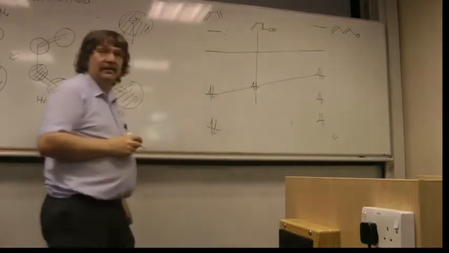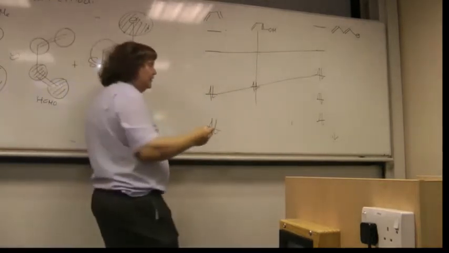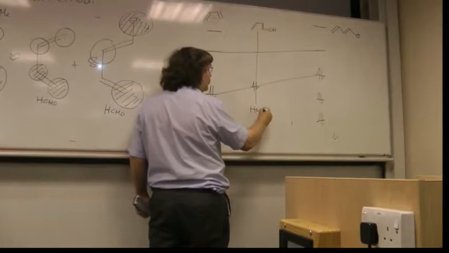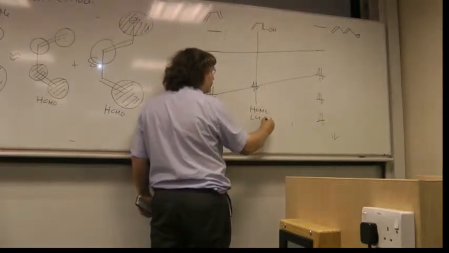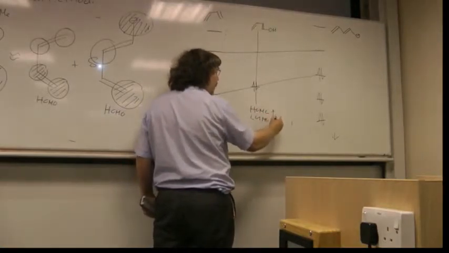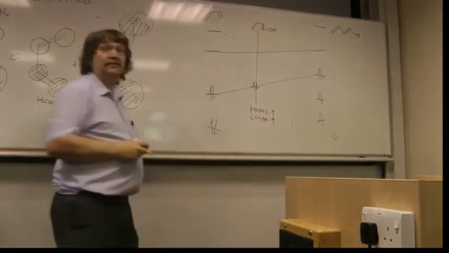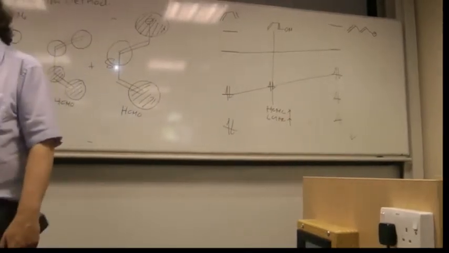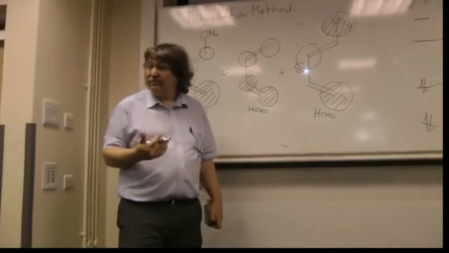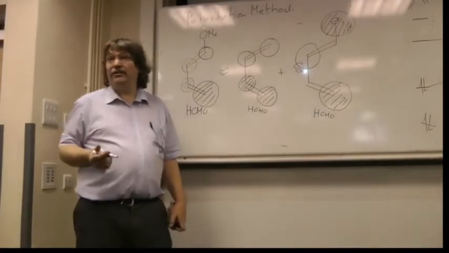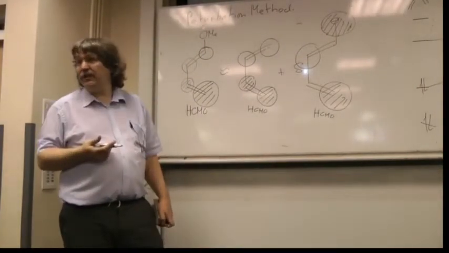Okay. But the prediction is clear. The HOMO and the LUMO must both have gone up in energy relative to the unperturbed diene. So that's why we say it's an electron-rich system, particularly because the HOMO energy is higher. It happens the LUMO energy is higher as well.